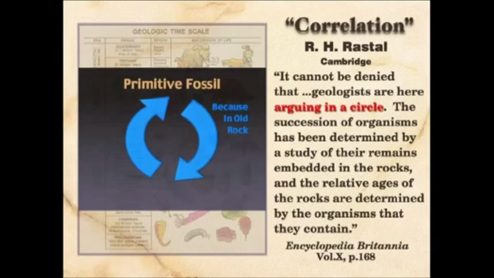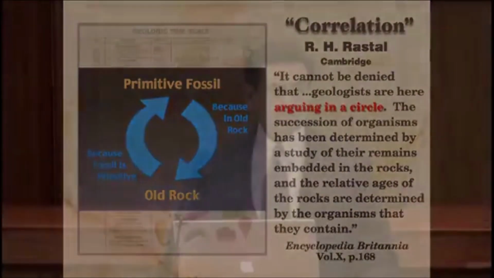All right, that would make sense. If you've got an old rock, it'd be a primitive fossil. But now, how do you know that this is an old rock? Well, it's got a primitive fossil in it. And this is obviously not proving anything. But that is how this column in its complete form is built.